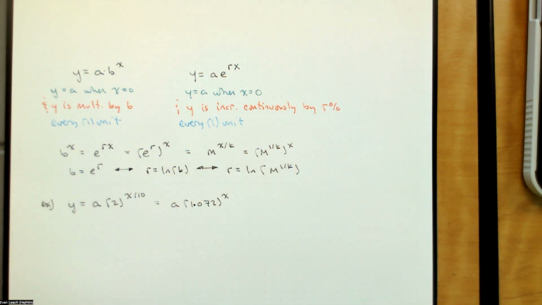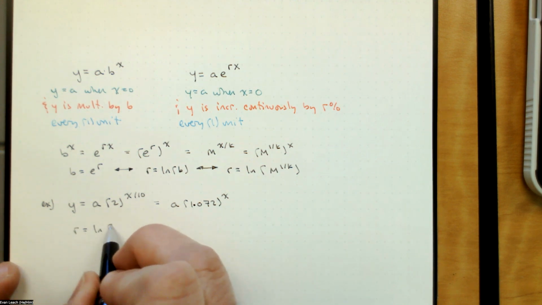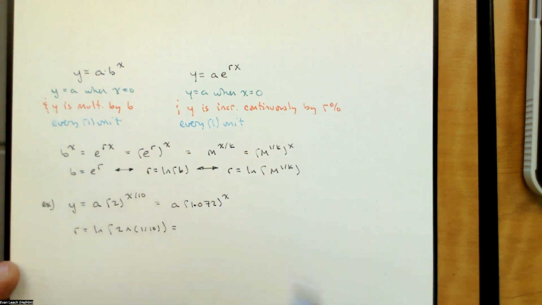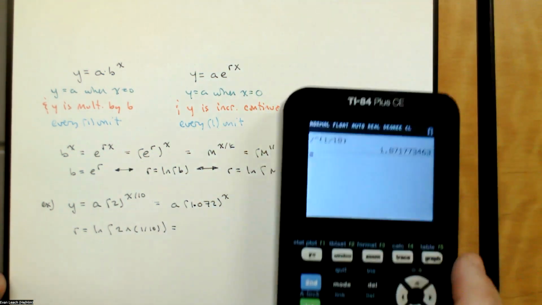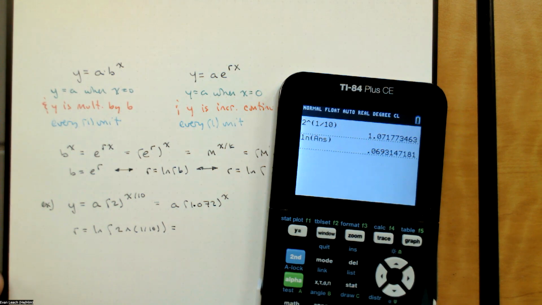So double every 10 units, or increase by 7.2% every 1 unit, or if we find a continuous growth rate by taking the natural log of 2 to the 1 over 10, we get 0.0693.